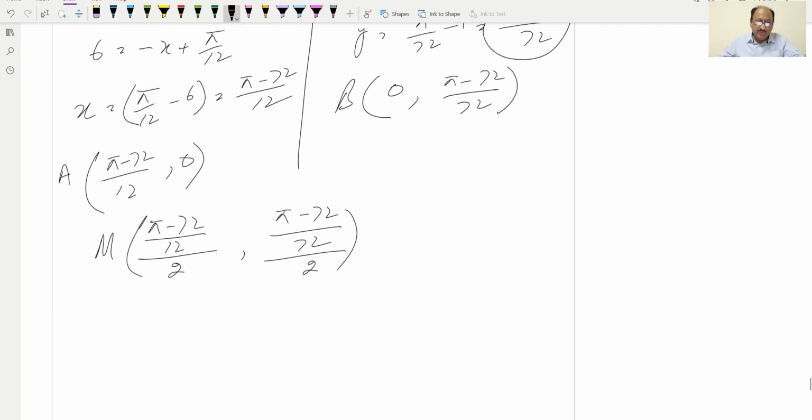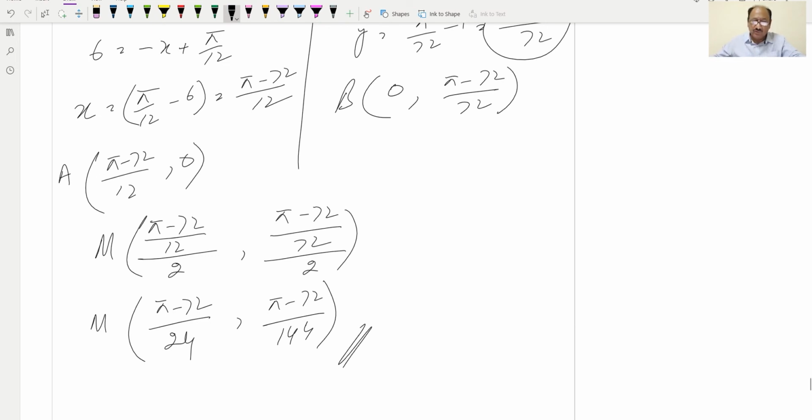This will result in M equal to pi minus 72 over 24, and the second value pi minus 72 over 72 into 2, which is 144. So these are the coordinates of the midpoint which we were supposed to find.